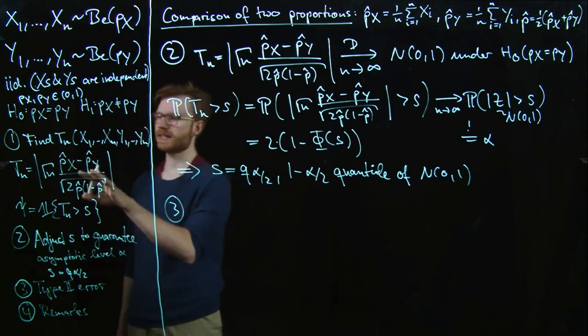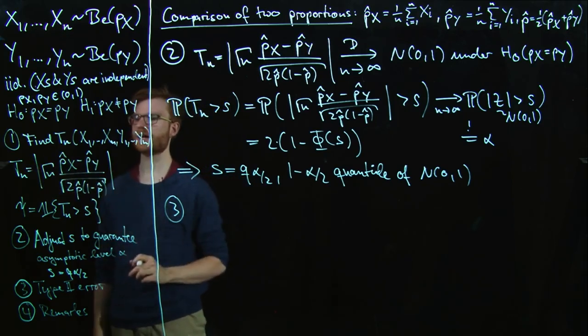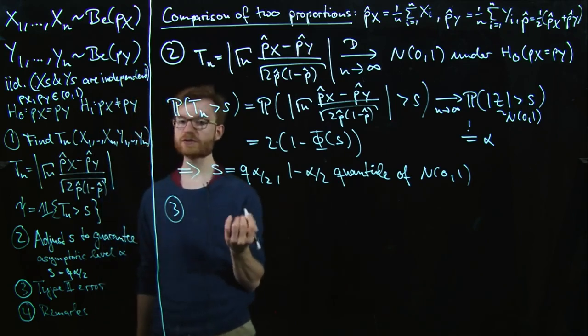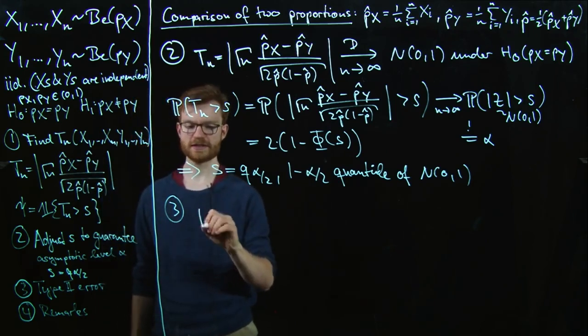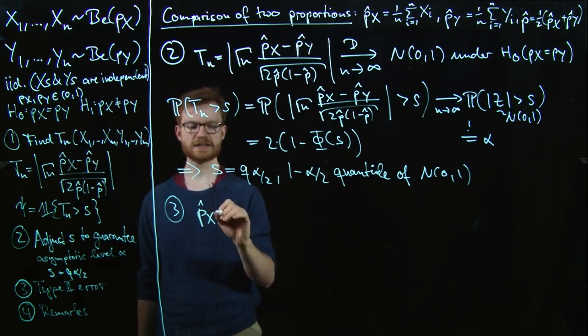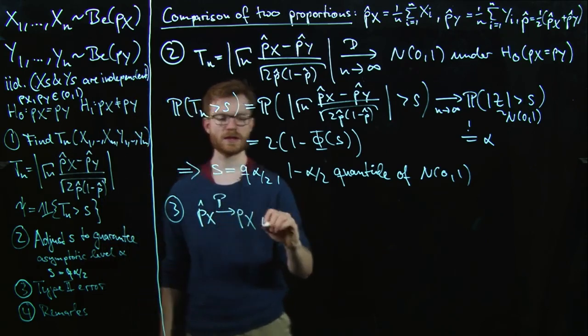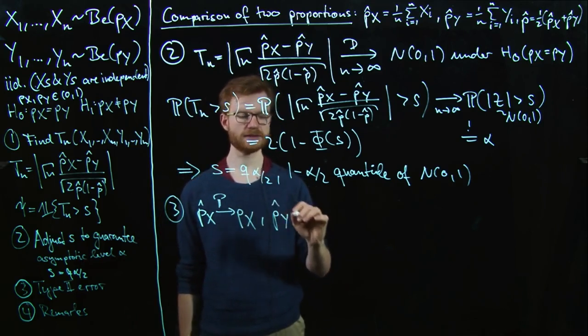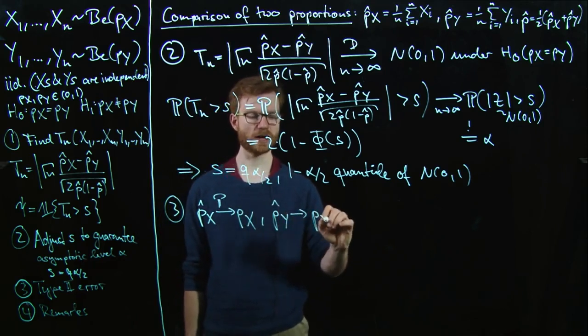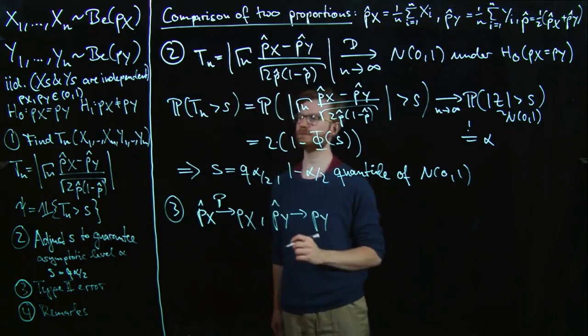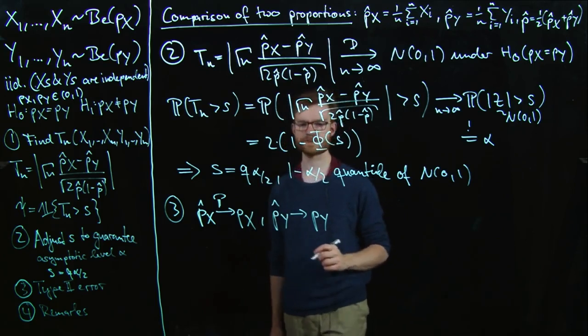Right? And for this, let's just look at how we wrote down our test statistic. We have consistency of our estimators. That is, we know that px hat in probability goes to px, and py hat goes to py. Right?